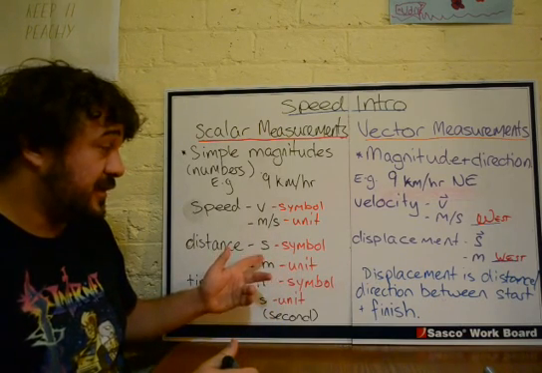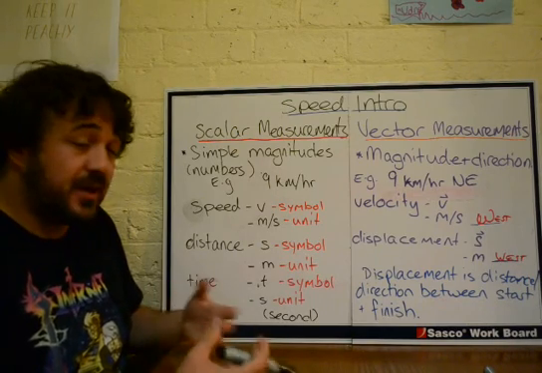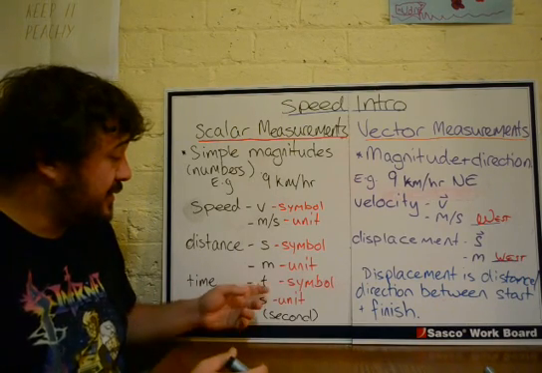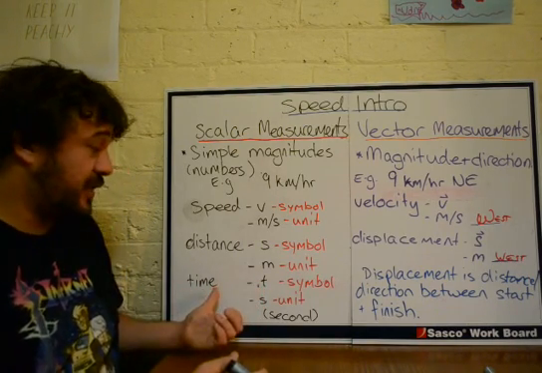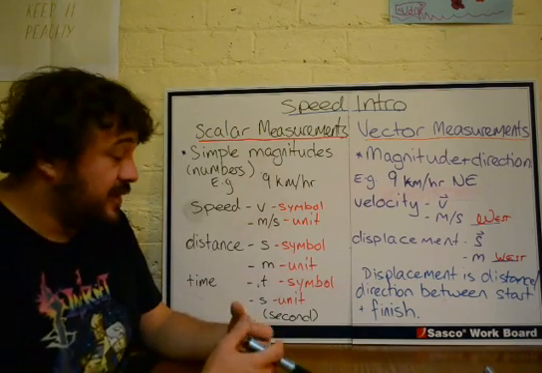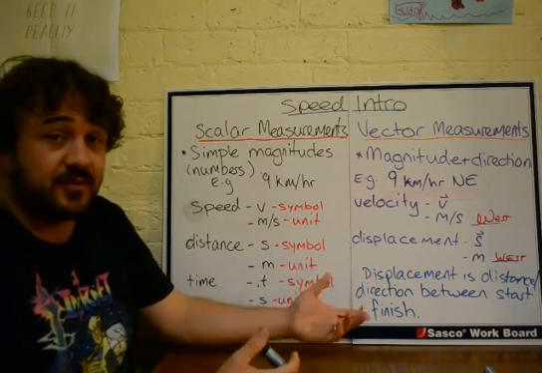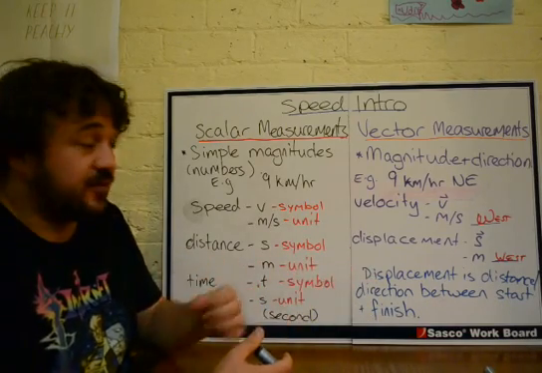Distance, the symbol is s. The unit is meter. So meter is our unit of distance. t for time, okay, and the unit is seconds. And that's it. That stays the same in both the vector measurements and the scalar measurements.